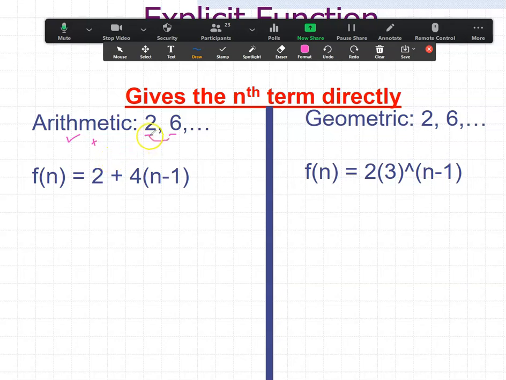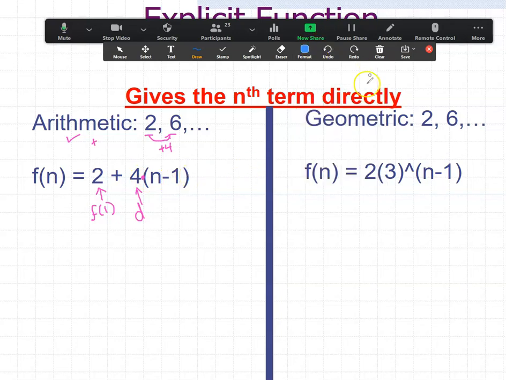So from here to here, I could see that I'm adding 4. So here you see that if you're creating your formula, 2 would be your first term, 4 would be your common difference, like the pattern, and then you just add it. You multiply it times n minus 1.